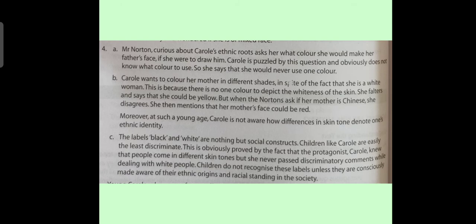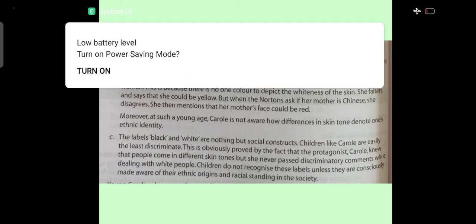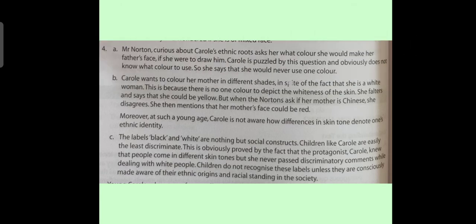This is obviously proved by the fact that the protagonist Carol knew that people come in different skin tones, but she never passed discriminatory comments while dealing with white people. Children do not recognize these labels unless they are consciously made aware of their ethnic origins and racial standing in the society.